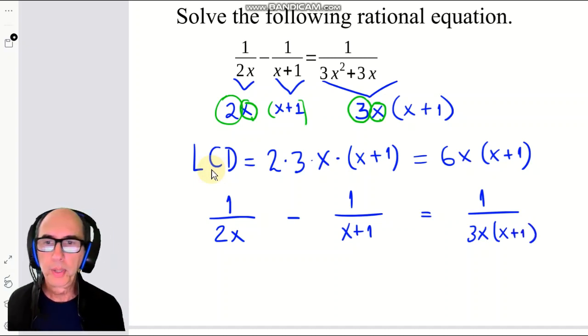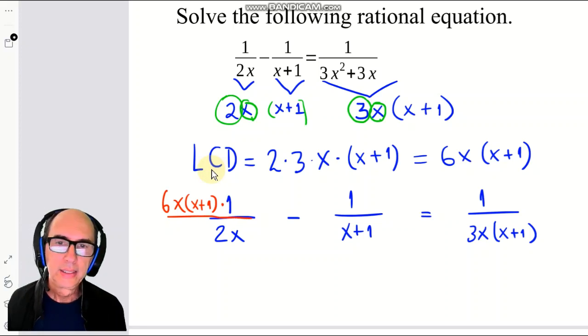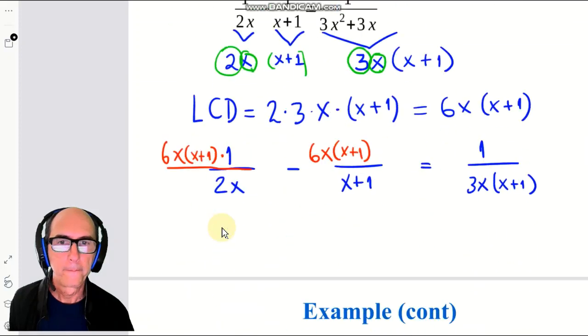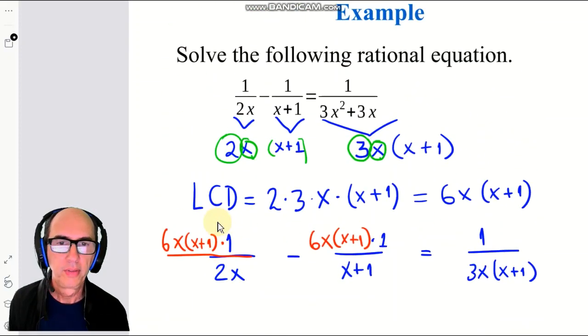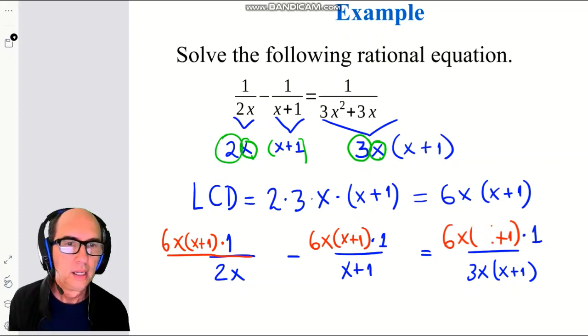Okay, and multiply everything by the least common denominator: 6x times x plus 1 times 1, 6x times x plus 1 times the 1 that was here, and again, 6x times x plus 1 times 1. And clean this. All right.